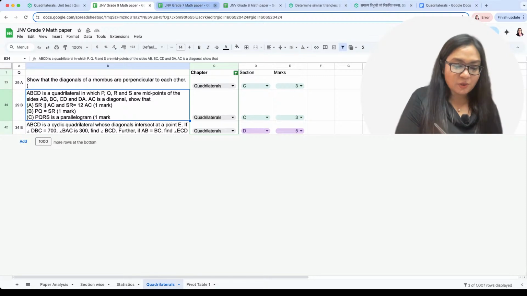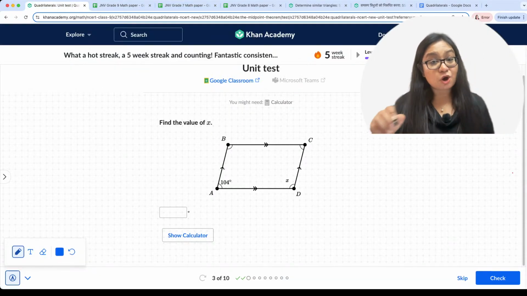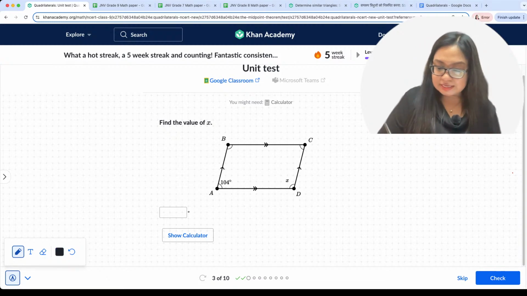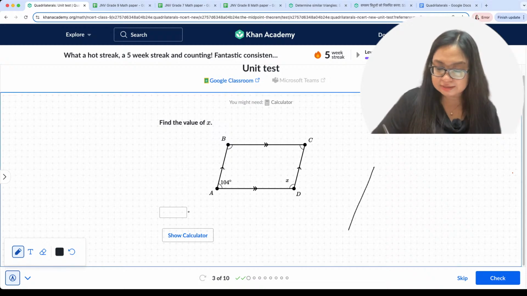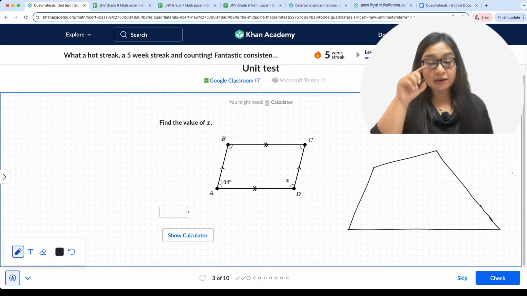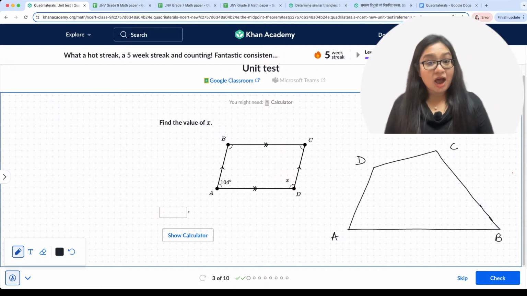So let's go ahead and make a quadrilateral and the midpoints of the sides of the quadrilateral. So here I go. This is a random quadrilateral that I am making. Okay. A, B, C, D. And PQRS are midpoints of the sides AB, BC, CD, and DA.